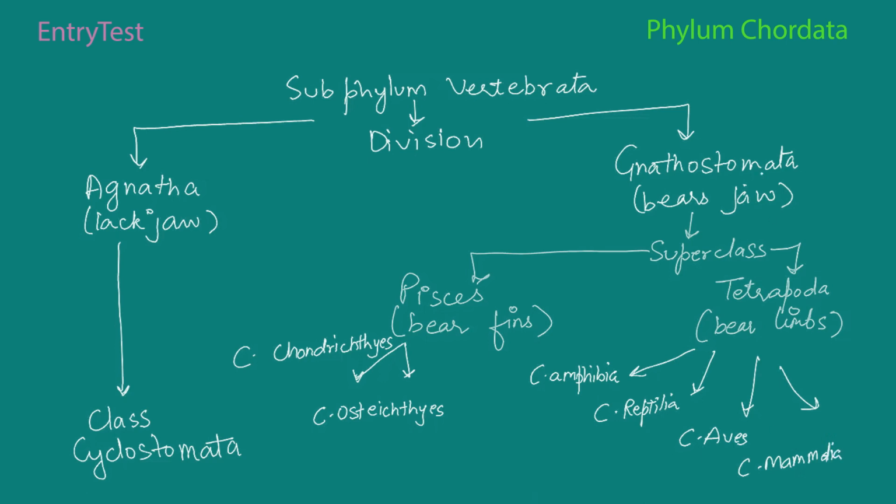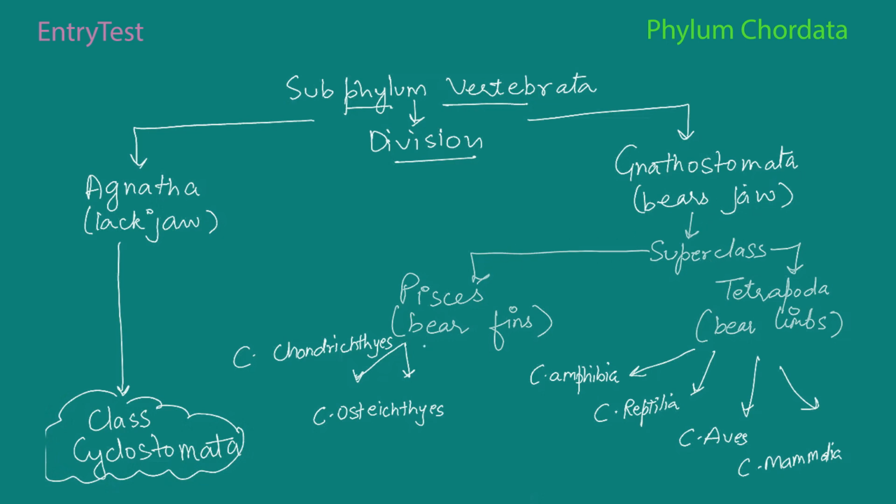So let's go through this division once again. You have the subphylum Vertebrata that is divided into two divisions. Agnatha without the jaw, so that is class Cyclostomata. Then you have the division Gnathostomata, which bears a jaw, that is divided into two superclasses.